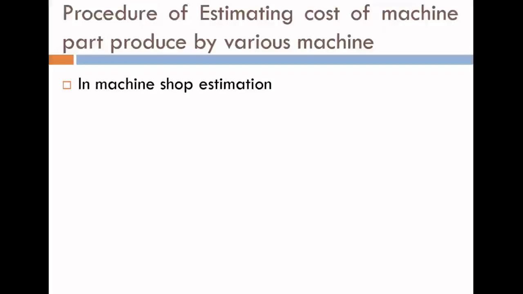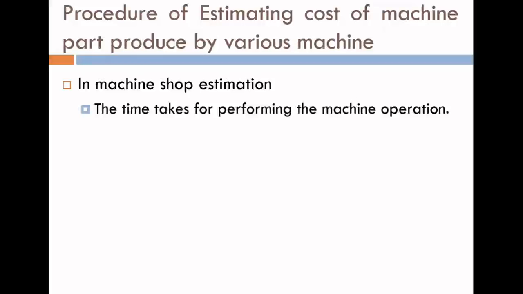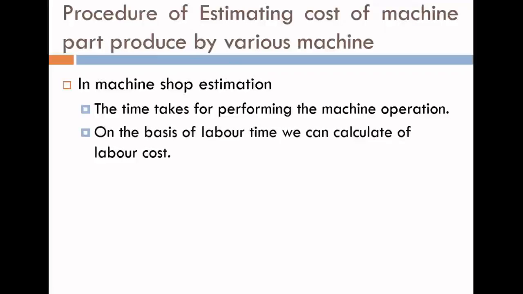These various operations are performed on the various machines. These all operations take some time. This time we calculate with the help of the equations we already learned. On the basis of the labor time, we can calculate the labor cost. So here the labor cost is equal to the labor time times the rate of labor.